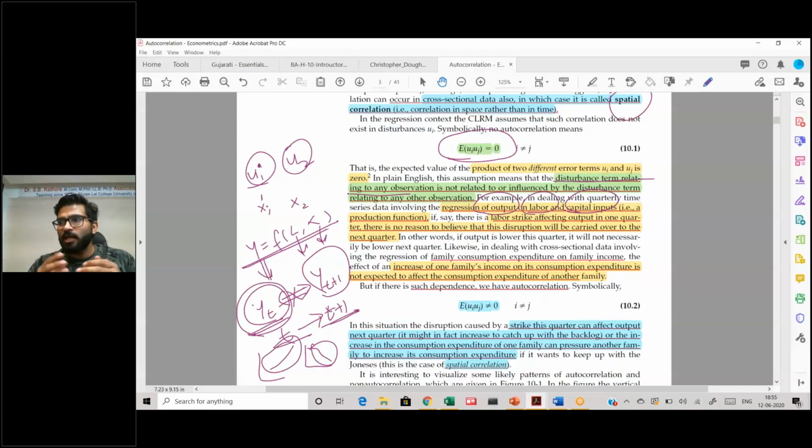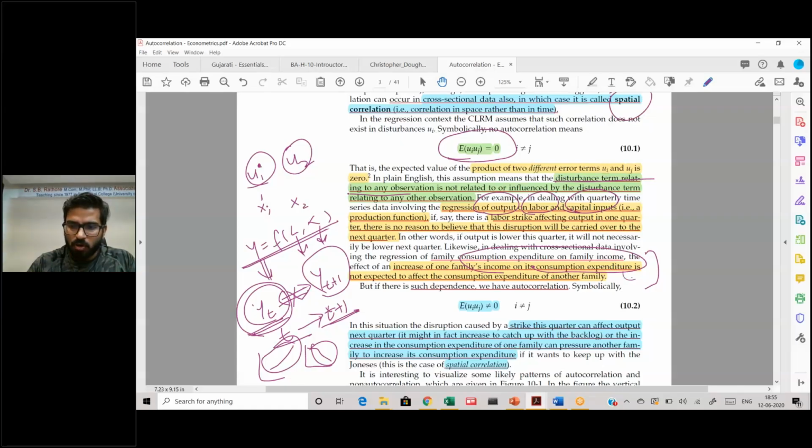That supposedly happens with a lot of high-end society residential apartments. So that's a cross-sectional data example: the consumption of one family should not have an effect on the consumption of any other family, but in real life it does. So that kind of effect is called the existence of autocorrelation.